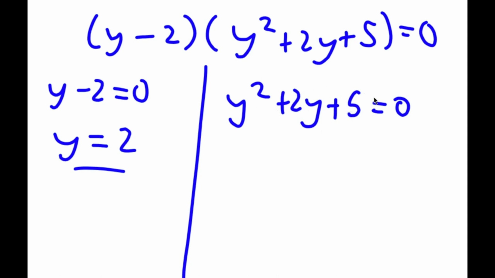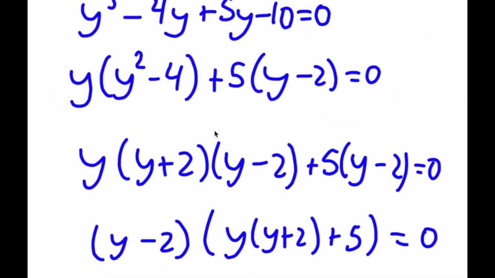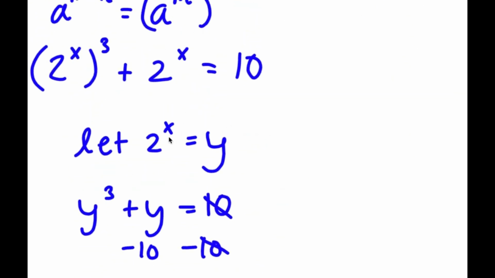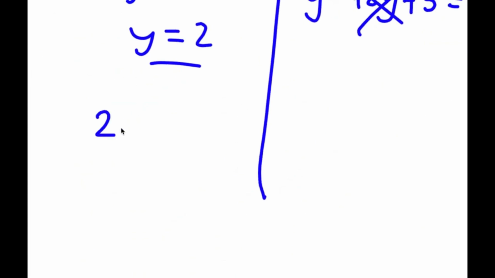But if you do end up doing it, you get that there is no solution because it's going to be the square root of a negative number. So y equals 2 is my only solution for y. Now remember how we set 2 to the power of x equal to y. So now I have 2 to the power of x is equal to 2, and 2 to the power of what is equal to itself? 1. So my solution is x equals 1.